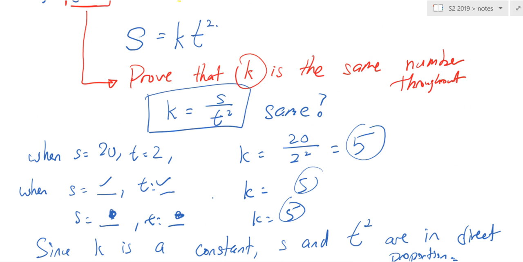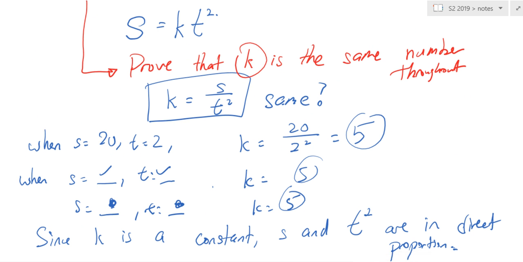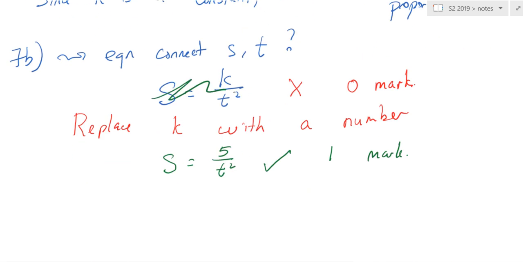If I write S equals to K T square, I get 0 mark. Why? Because the K here is the alphabet. You need to replace the K with a number. And so I cancel again. S equals to 5 T squared. This then will give you the 1 mark.